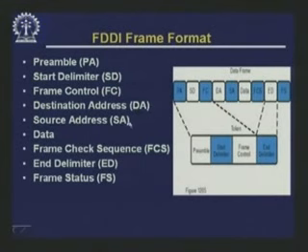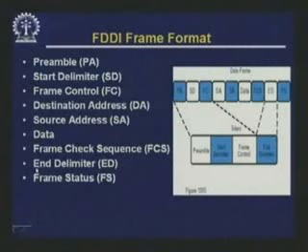We have a source address field. So, we have a DA, then an SA field, then the data, and a frame check sequence for error control. By the way, error is not handled by FDDI; it allows other layers to handle the error, but you have to check for it. So, the frame check sequence, the end delimiter, and the frame status.